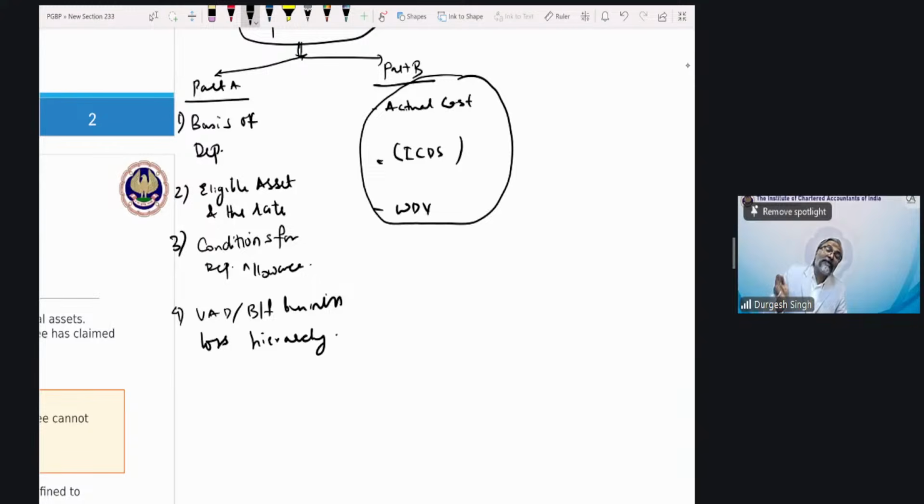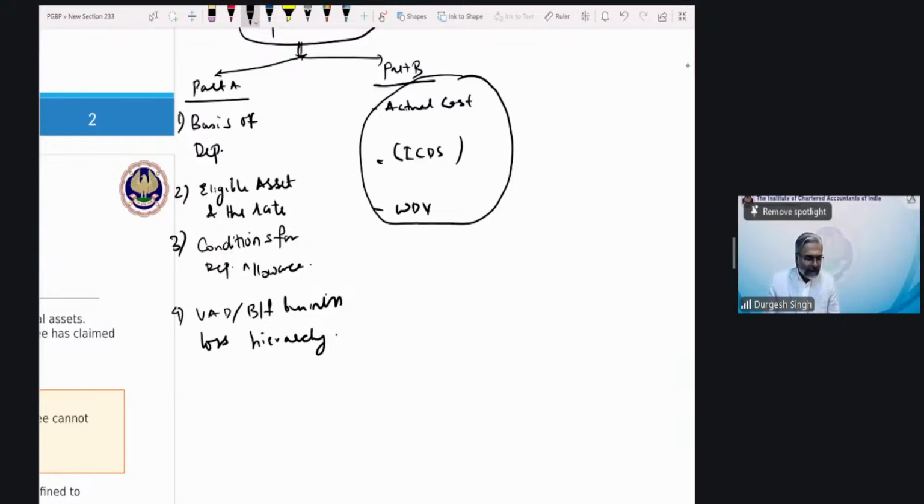And after you have received the money, whatever is the balance amount will be referred to as the closing WDV before depreciation, and on that closing WDV we are going to apply the depreciation as per the rate applicable to that particular block. How do we prepare the block, students, by the way? How do we prepare the block in that case?